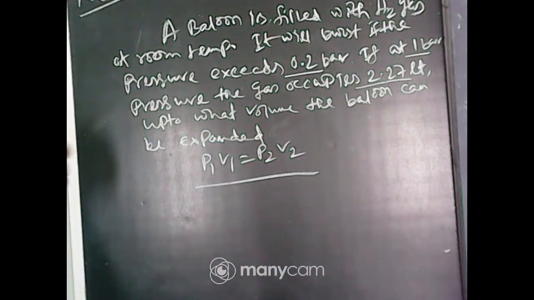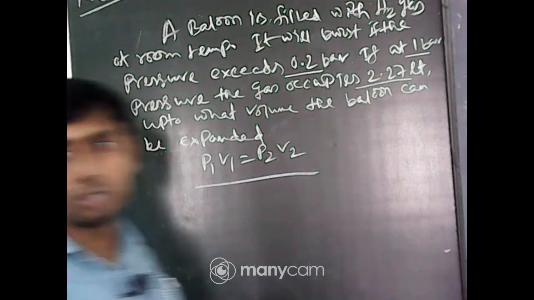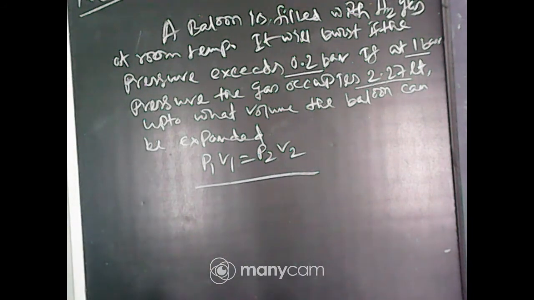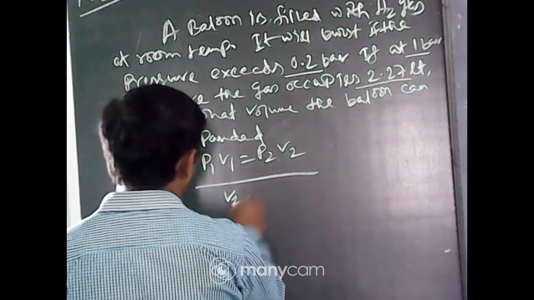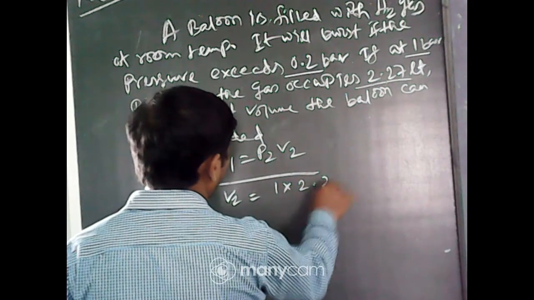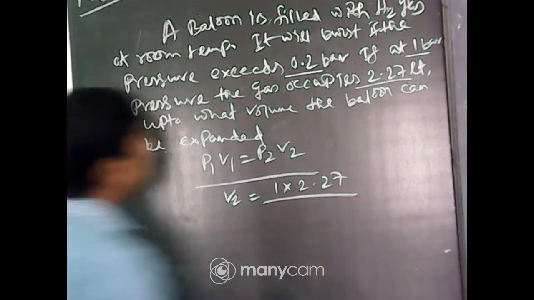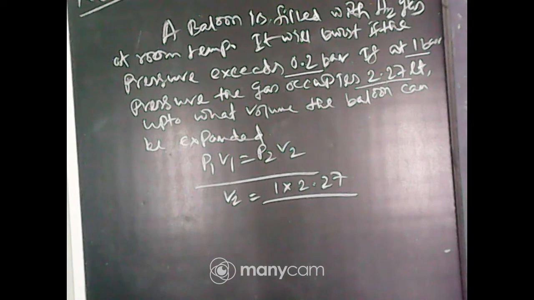At 1 bar pressure it takes a volume of 2.27 liter, and when the pressure becomes 0.2 bar, what would be the volume? We have to calculate it. So, V2 equals 1 into 2.27 divided by 0.2.